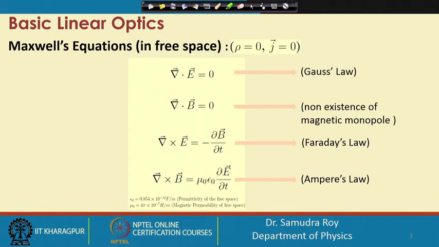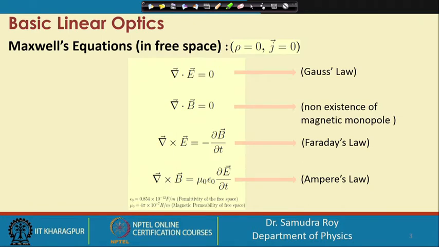Okay. So, our first topic is Maxwell's equations. We know there are 4 different equations. These 4 equations are individually called Maxwell's equations, but they contain 4 different laws.